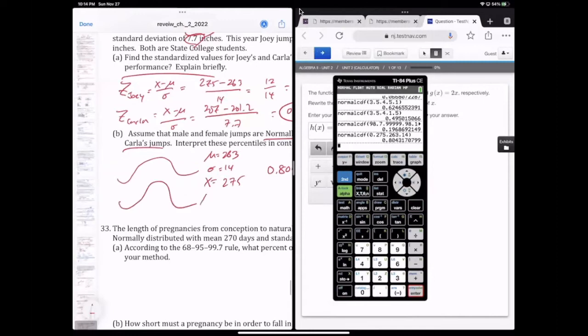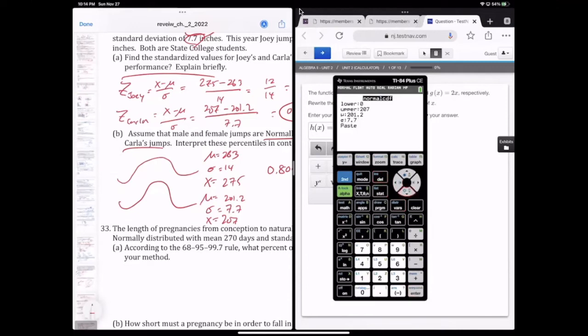The same thing for Carla, with the mean of 201.2, standard deviation of 7.7, and the value of 207. The lower will be 0 still. Yeah, 207, mean of 201.2, and the standard deviation of 7.7. Oh, I just lost it.